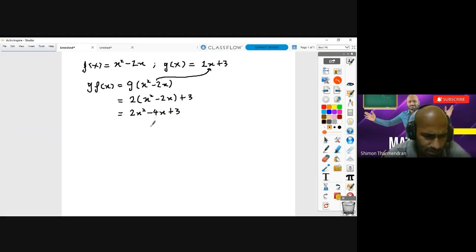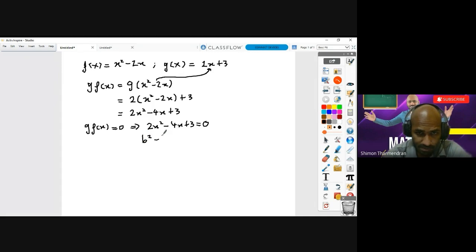Now they want to say that this equation equals 0 has got no real solutions. So we have gf(x) equals 0, implying that 2x squared minus 4x plus 3 equals 0. And how do we test if a quadratic function has got a real root or not?